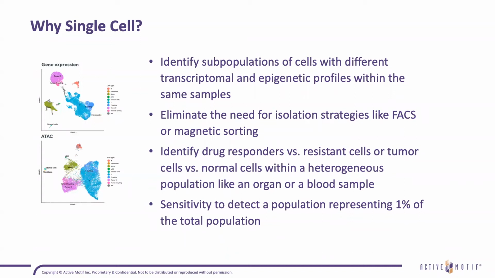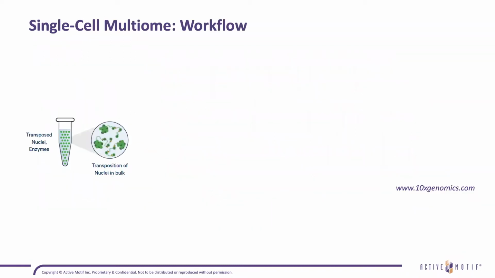Next, we're going to look at the single-cell multiome workflow. So we start the experiment with a single nucleus suspension, and we first perform ATAC tagmentation. A Tn5 transposase is an adapter-loaded enzyme that cuts and adapter ligates all accessible chromatin within each nucleus.